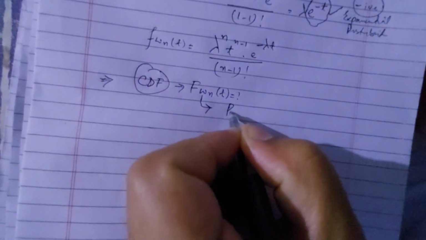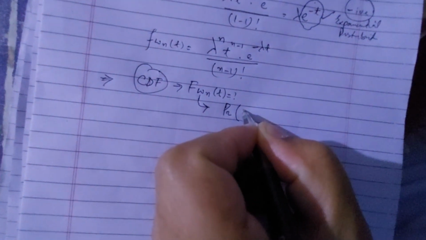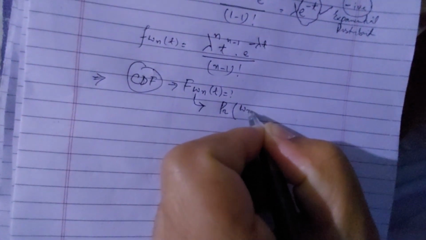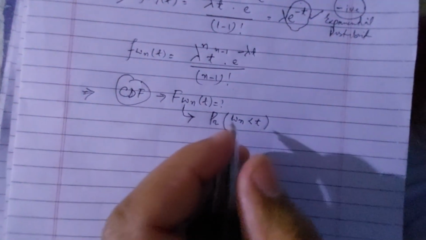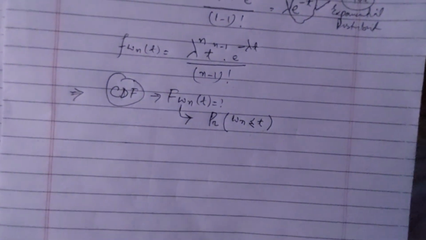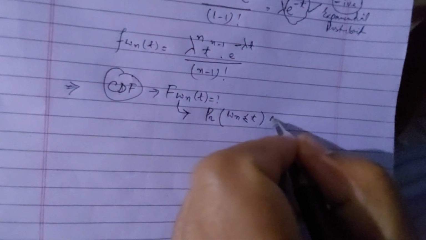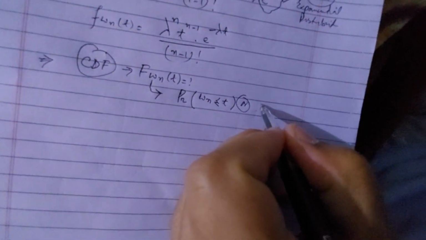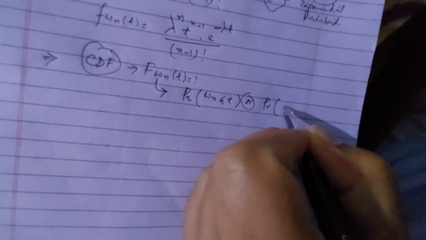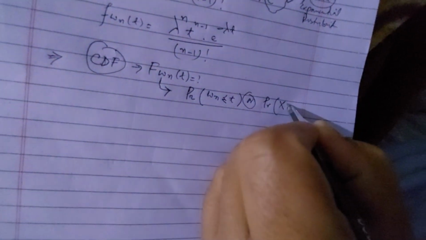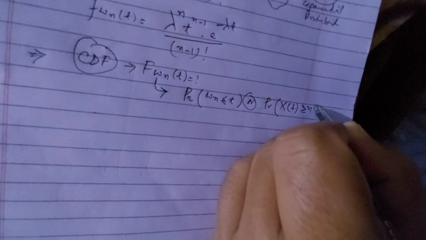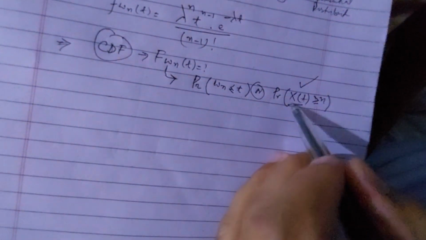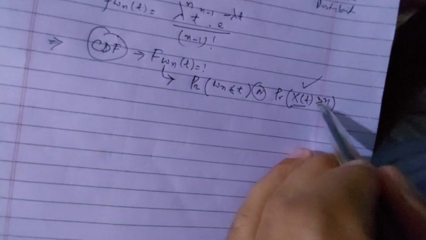What is this equivalent to? This is equivalent to the probability that the waiting time is less than or equal to the total time t, or that the number of events in the time period t is greater than or equal to n.